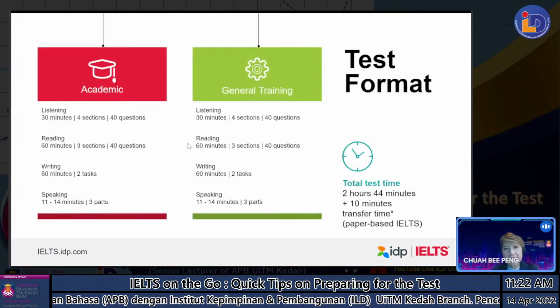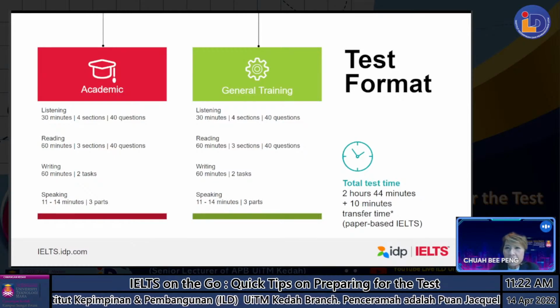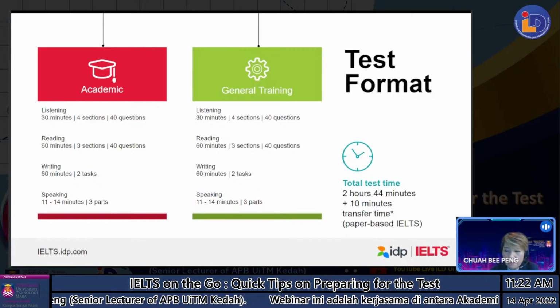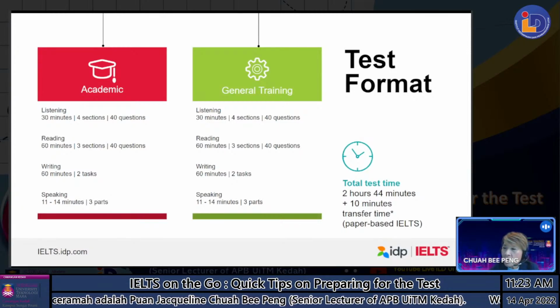Know the format of the test. All right, so this is what you are going to pay for. I think now the test fee is almost up to 900 already, 800 over, depending on our exchange rate. Of course they fix the rate, but it fluctuates. Sometimes it doesn't fluctuate, but you can see that it increases all the time. When I first got involved in IELTS, it was about 500-600 ringgit per test.